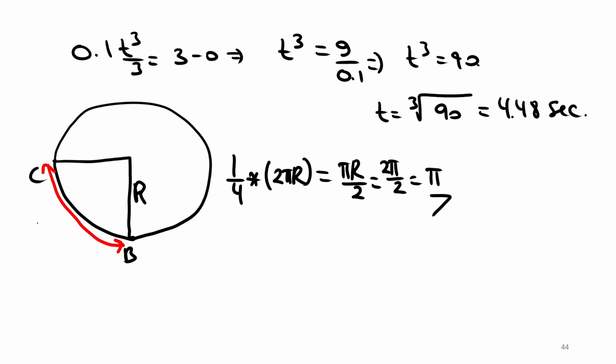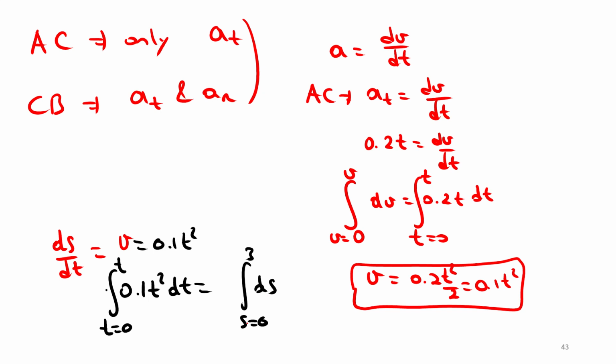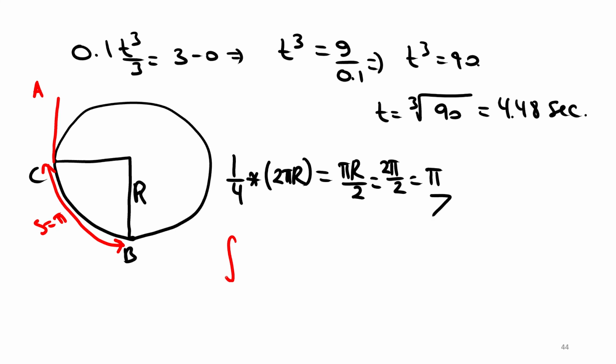So the distance s is pi here, from A to C the distance was 3, so similar to the previous case, which was from 0 to 3, now I will write the same relationship.